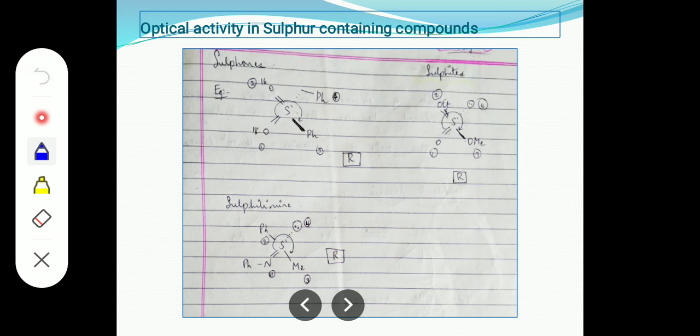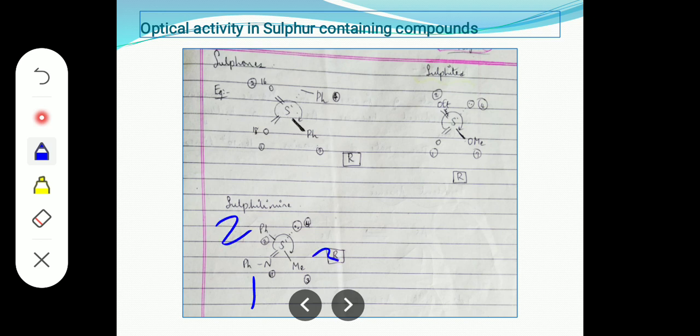Next we have sulfonamide. For sulfonamide, let us assign the R and S configuration. Starting with nitrogen, since we have nitrogen here, and nitrogen has a higher atomic weight than oxygen and carbon, hence we give it the numbering 1. And the second group is phenyl.